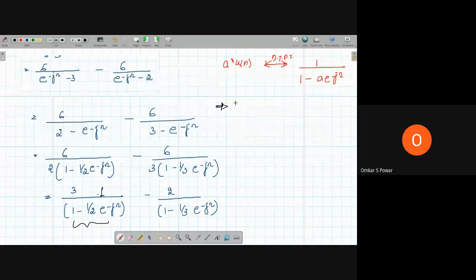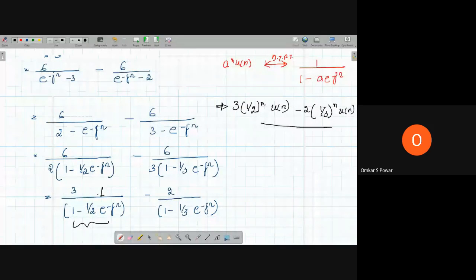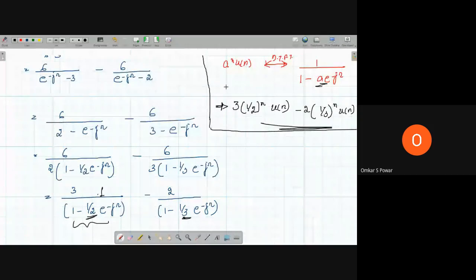So how can we write this? 3 a power n u of n minus 2 into a power n u of n, because a is 1 by 3 here, a is half here. So using the same technique as previously, we have got the final answer here. So this is how you have to solve this partial fraction method.